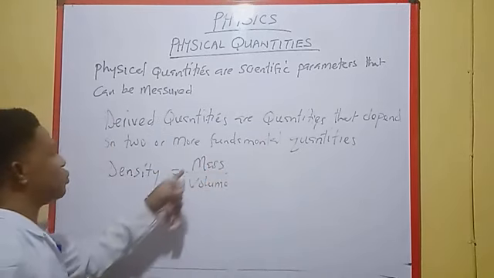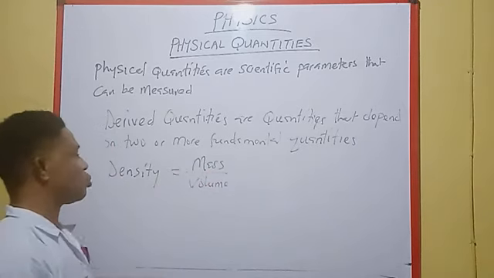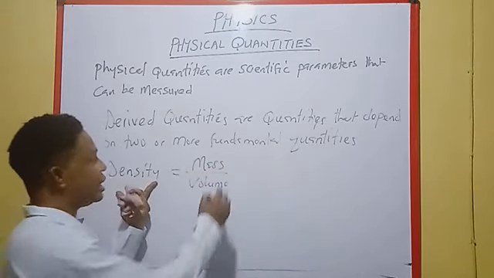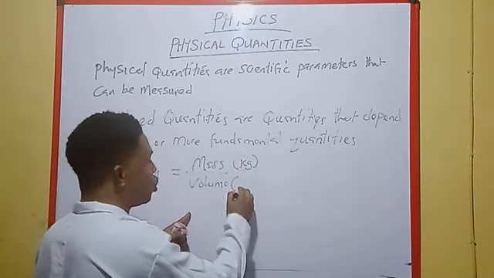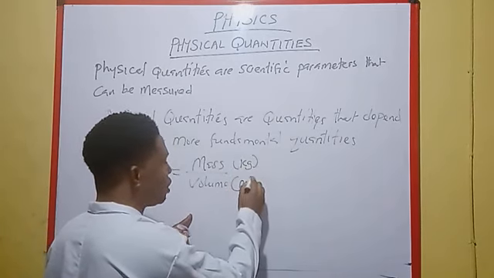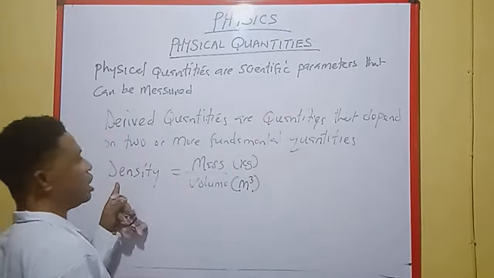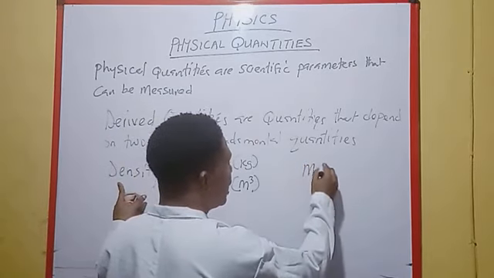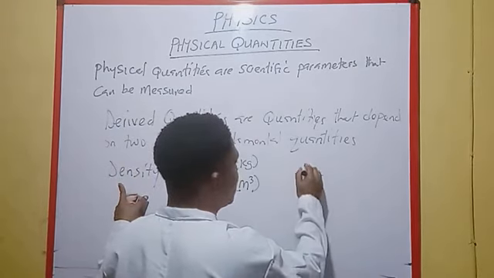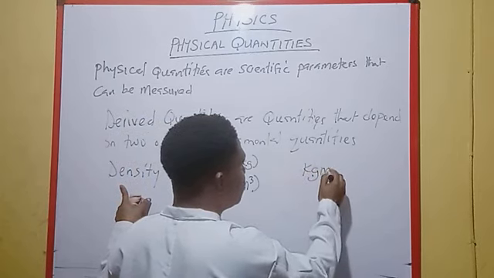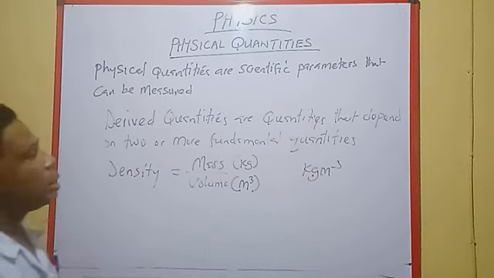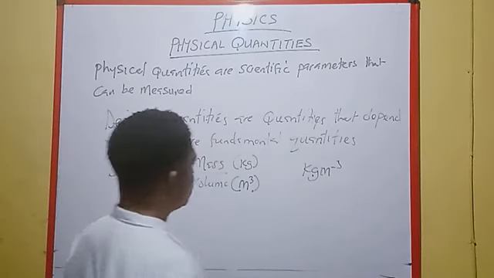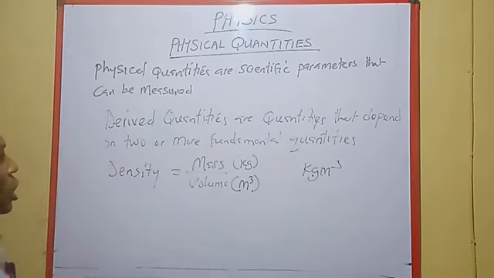The mass of a substance over the volume of a substance will give you density. Mass is measured in kilogram, and volume is measured in meter cube. So the unit of density will be kilogram per meter cube.